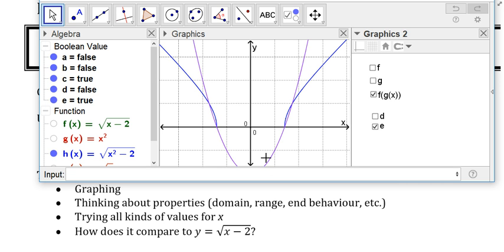When I put that into the square root function, it doesn't work. So that's obviously an important part of thinking about the domain, what these functions look like, what they act like, that sort of thing. Okay.